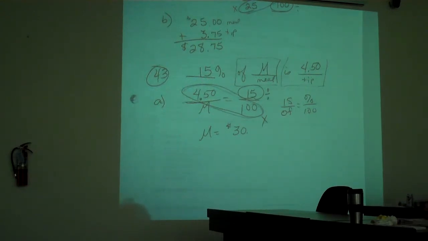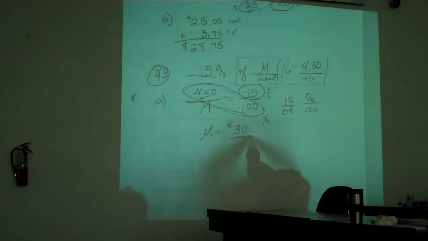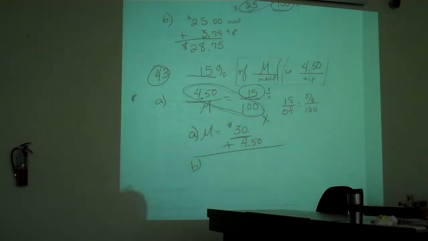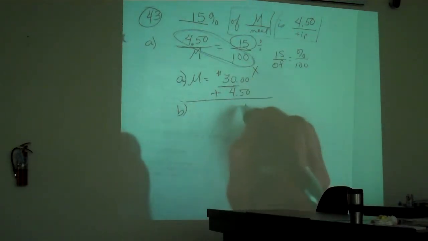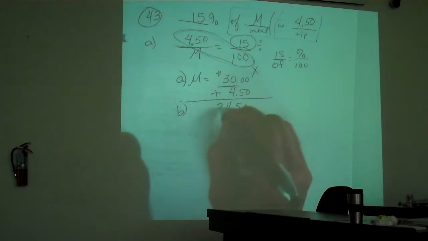And then B, of course, what was the total cost of the meal? So you'll be adding the meal plus the tip, right? The A part is your meal. The B is the meal plus the tip. So you add that, you have $34.50.